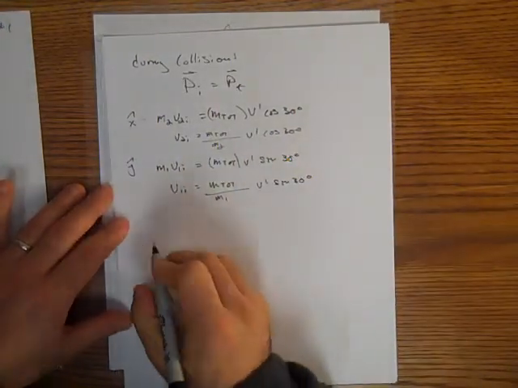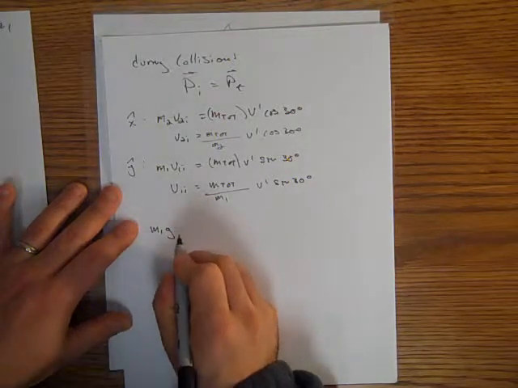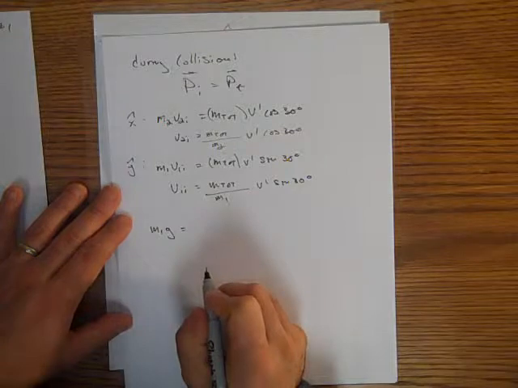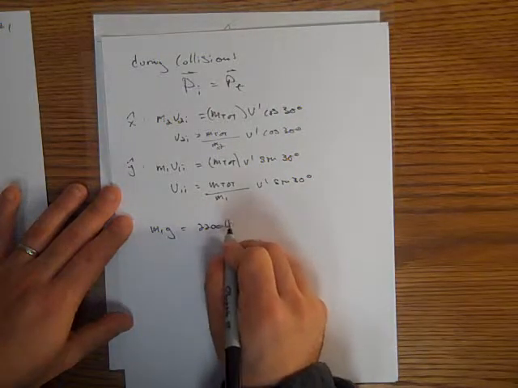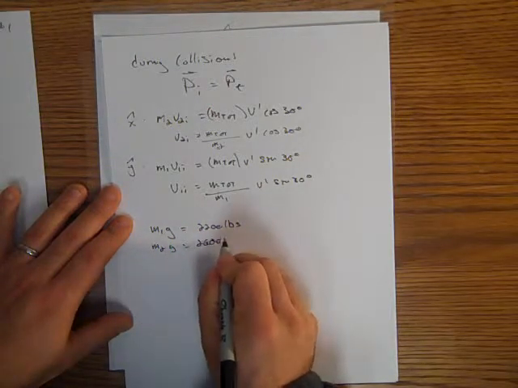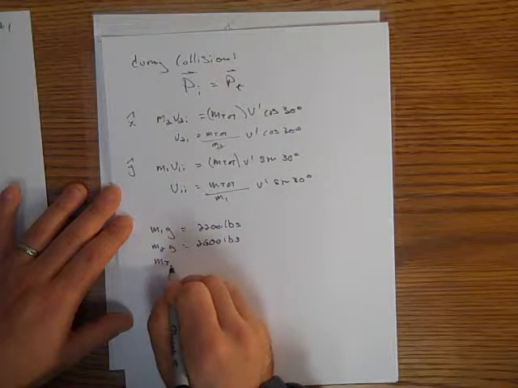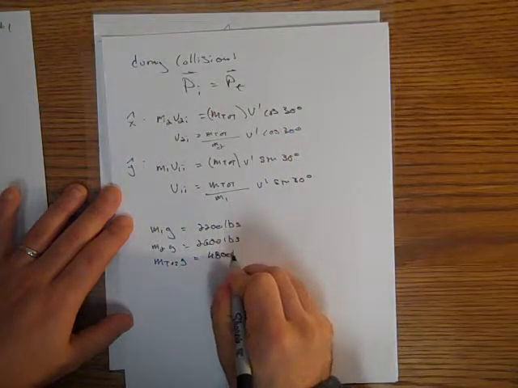Now what we're given in this problem is that m1 g, the weight of your friend's car, is 2,200 pounds, and m2 g is 2,600 pounds, so m total g is 4,800 pounds.